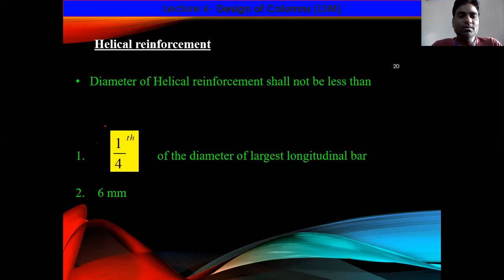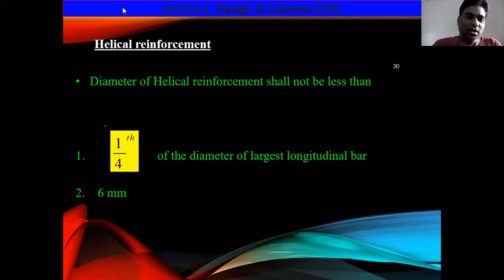The main purpose of providing helical reinforcement is to increase the load carrying capacity of the column and increase the stiffness of the member. And remember, helical reinforcement is possible only in circular columns. It cannot be provided in rectangular or square columns, right?